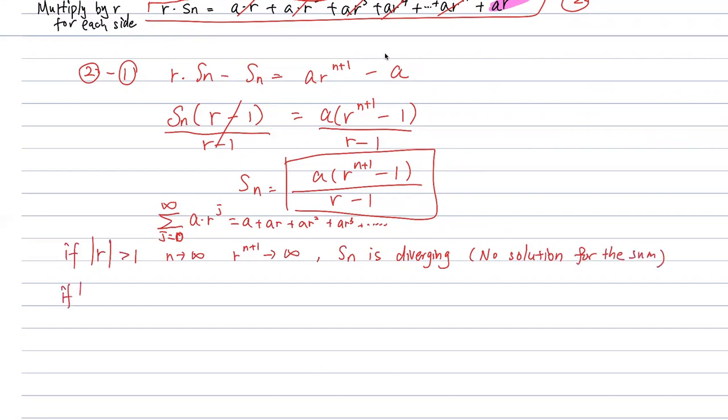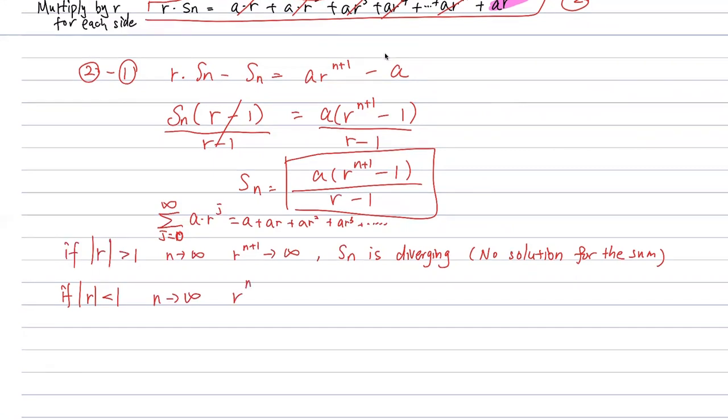But if I change my ratio, so the absolute value of r is less than 1 and n is going to infinity, then things change. Because if r is less than 1, then r to the n plus 1 changes. For example, think of 0.5 raised to a really big number like 1,000.